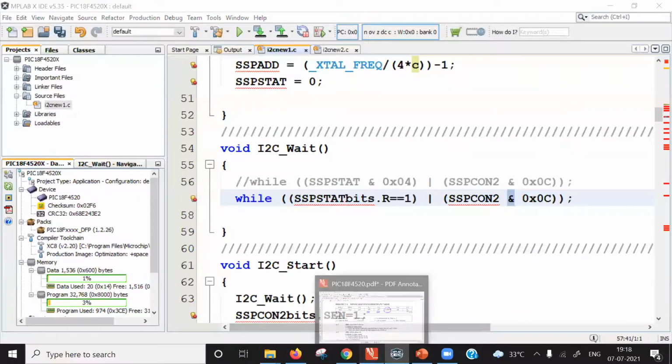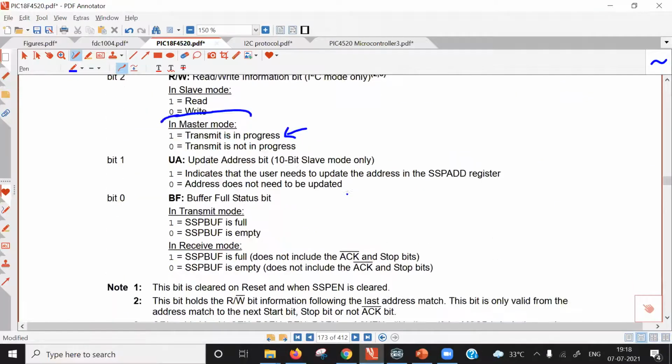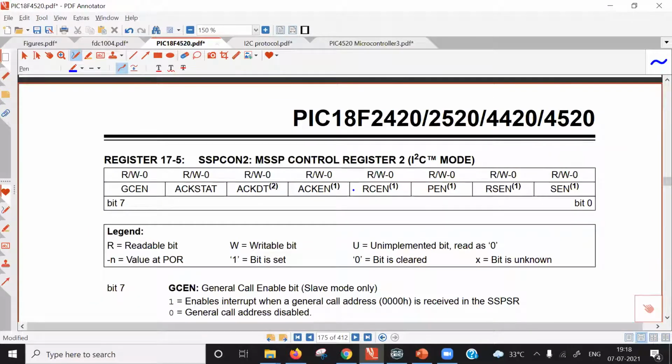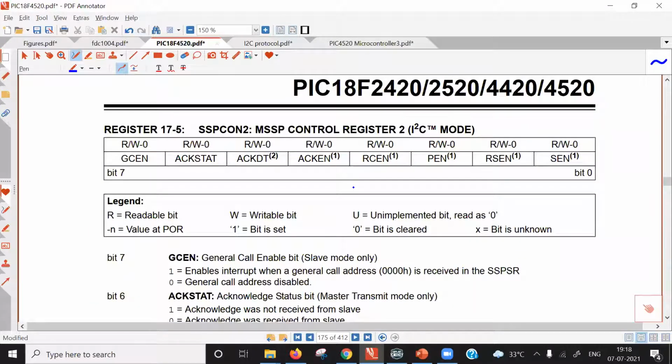Let us understand this and then we'll stop. This is the bit format of SSPCON2 register, MSSP control register 2. What we have done is ANDing with 0x0C.